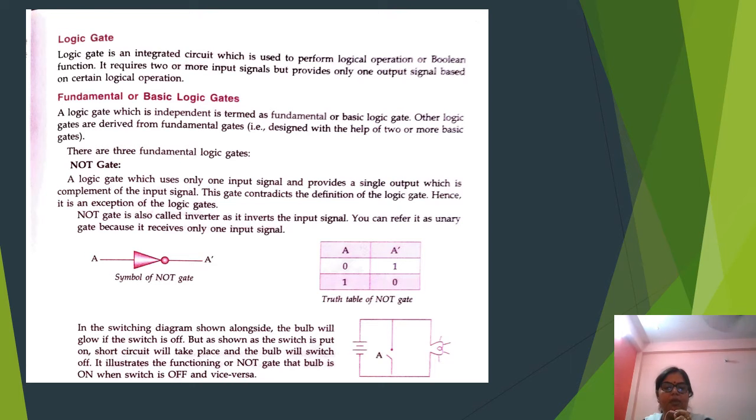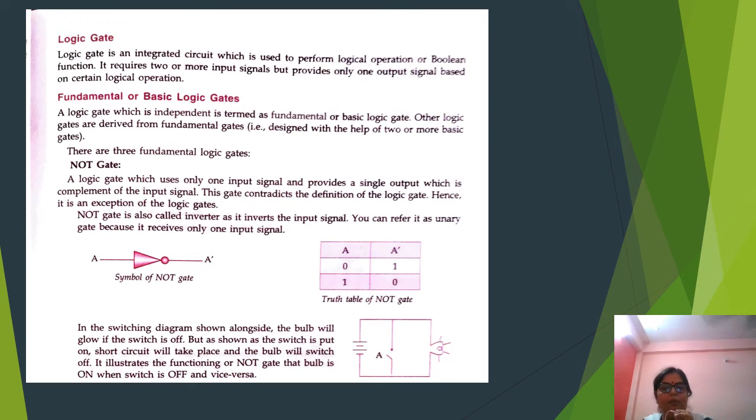See, it is a complement of the input signal A, A naught, and this is the sign for your NOT. This gate contradicts the definition of the logic gate, hence it is an exception among logic gates. The NOT gate we can also call an inverter because it inverts our input signal.